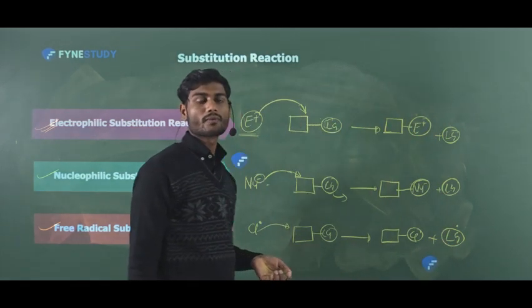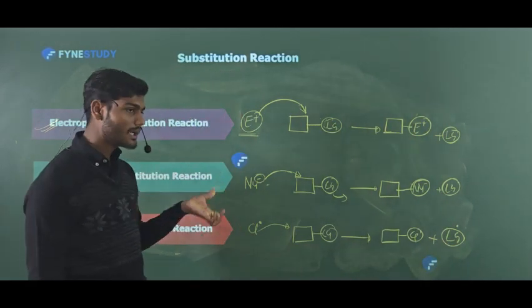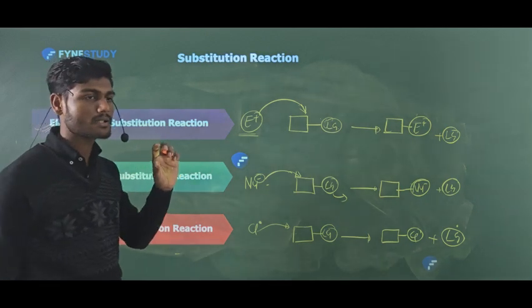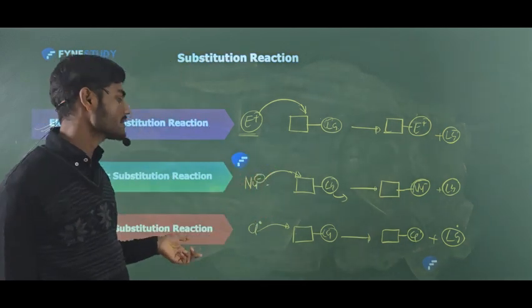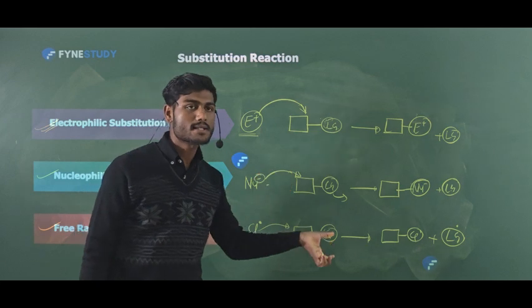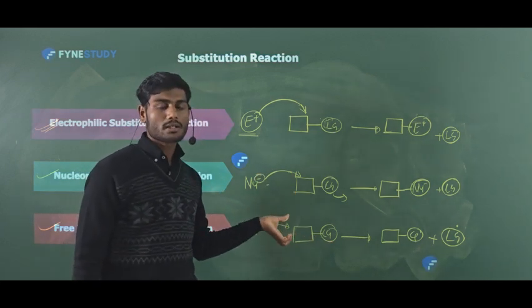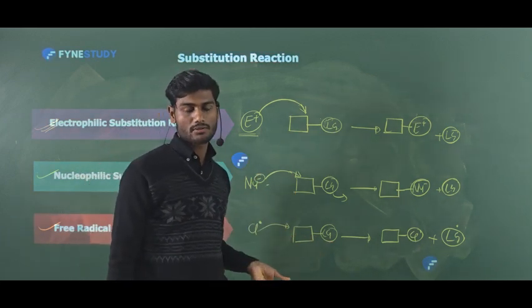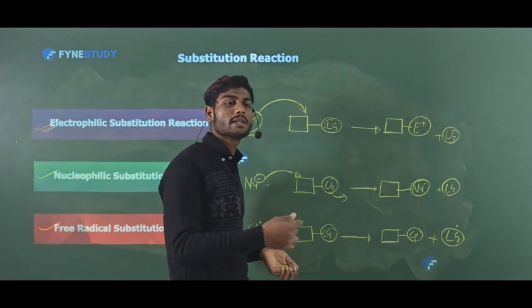It means if a free radical is there initially, which initiates the reaction, then at most of the stages, what it triggers will be free radicals only. It means there will be further homolytic cleavage.